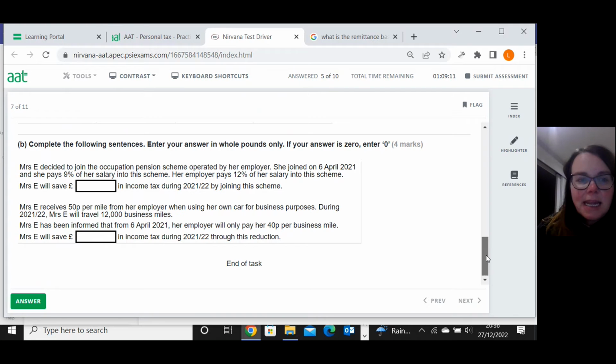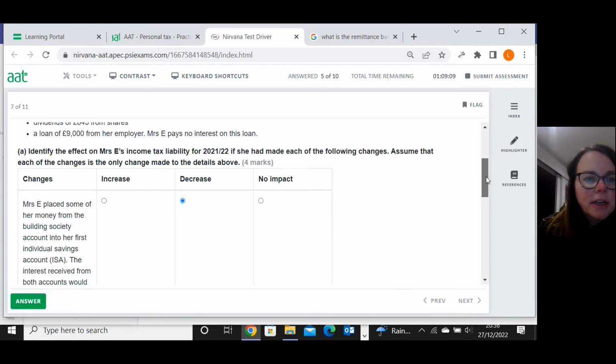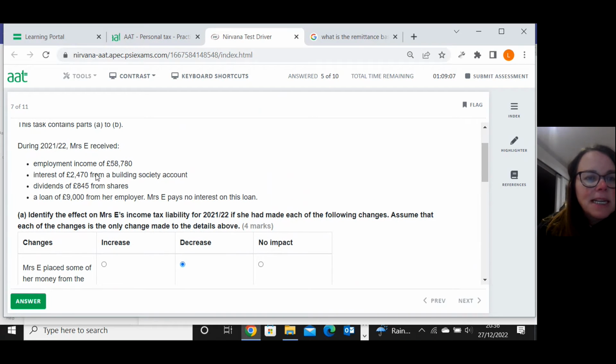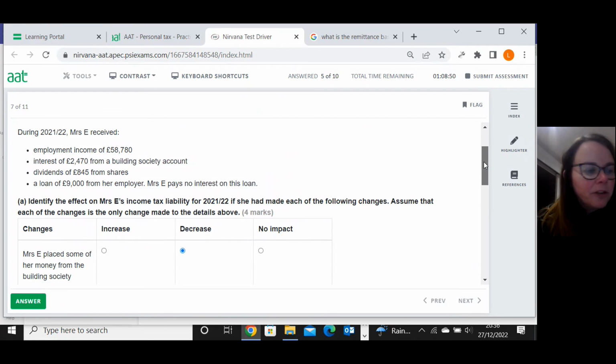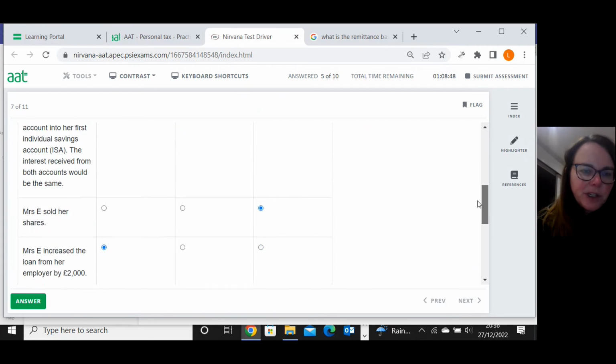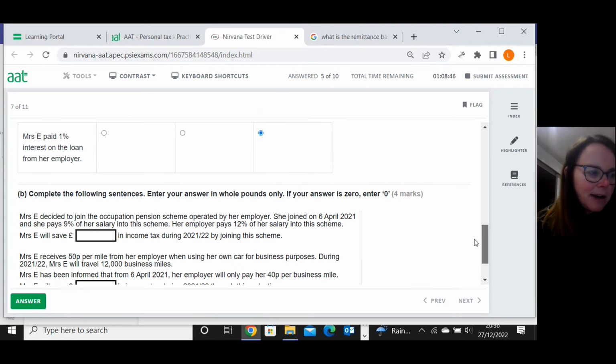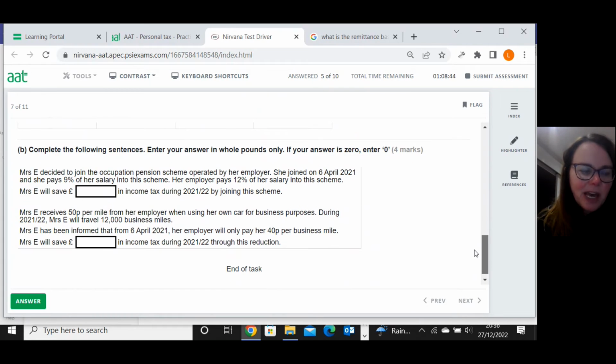Right, so this is Mrs. E. It's all part of the same question. So Mrs. E's got employment income of 58,780. I'm just looking at my workings because I found this one quite tricky as well. So if she puts 9% in, 9% of that figure is 5,290.